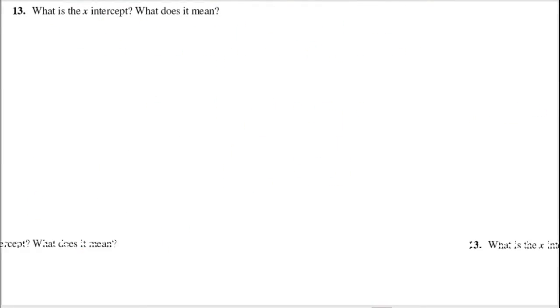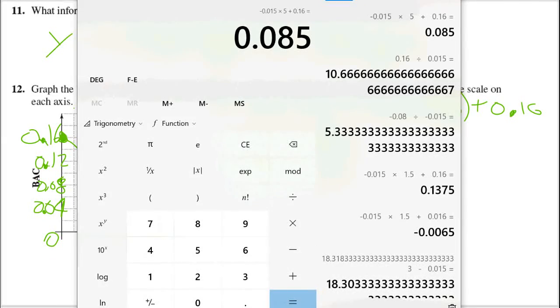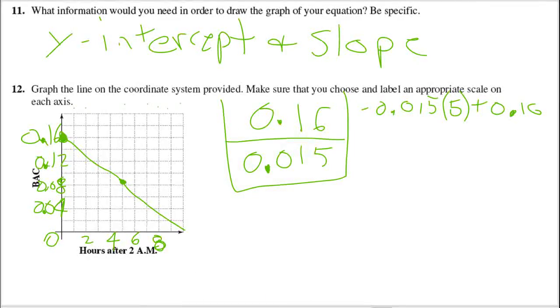What is the x-intercept? What does it mean? Answer that question and then restart the video. If you think back, when I did this division, I got 10.6666666, and when I rounded off, I put a 7 at the end.